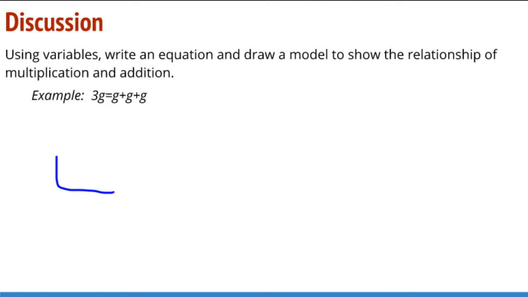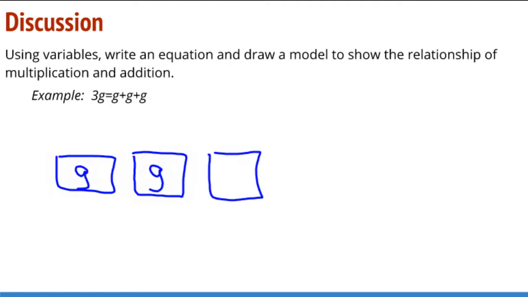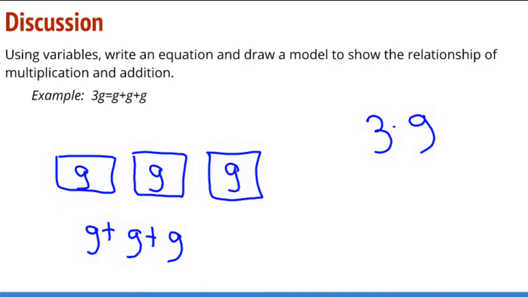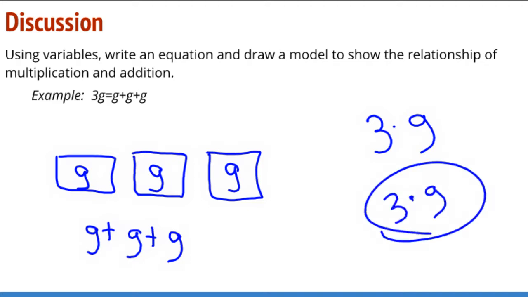So maybe we've got G, G, and G. Well, this could certainly be represented as G plus G plus G, but it could also be represented as 3 times G or 3 of G. I love that of thing. So are these equivalent?